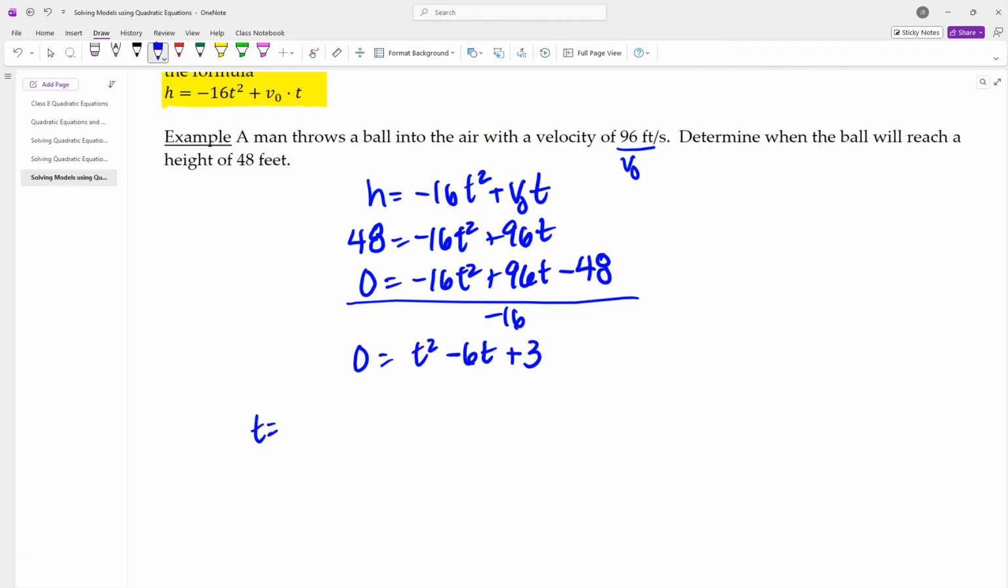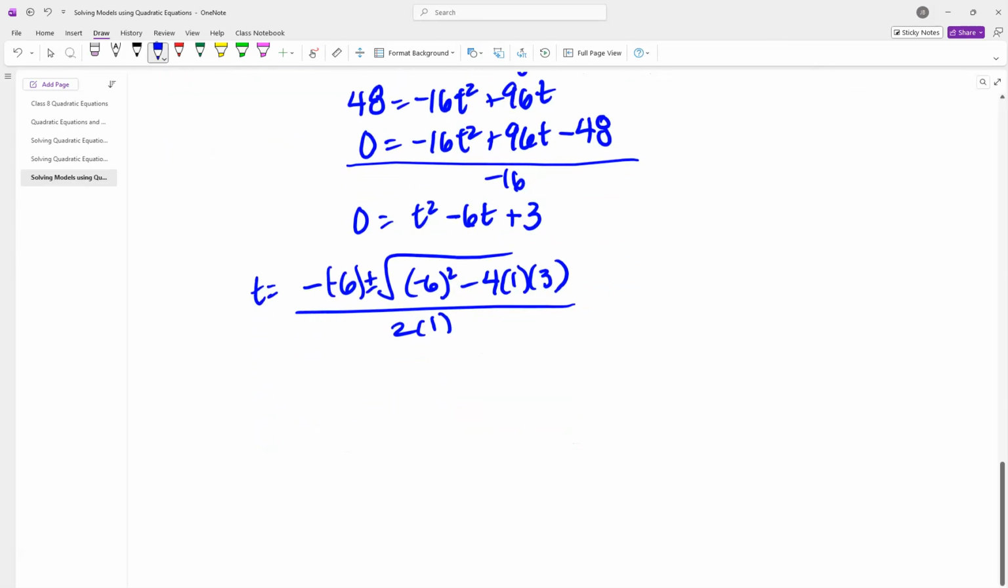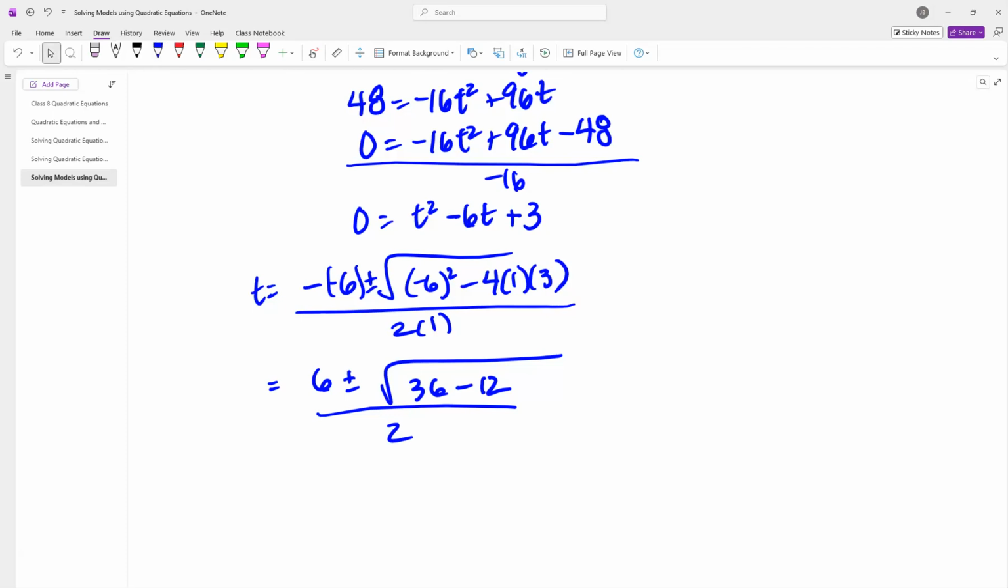So t is equal to the negative of negative 6, plus or minus the square root of negative 6 quantity squared minus 4 times 1 times 3, all over 2 times 1. 6 plus or minus square root 36 minus 12 all over 2.